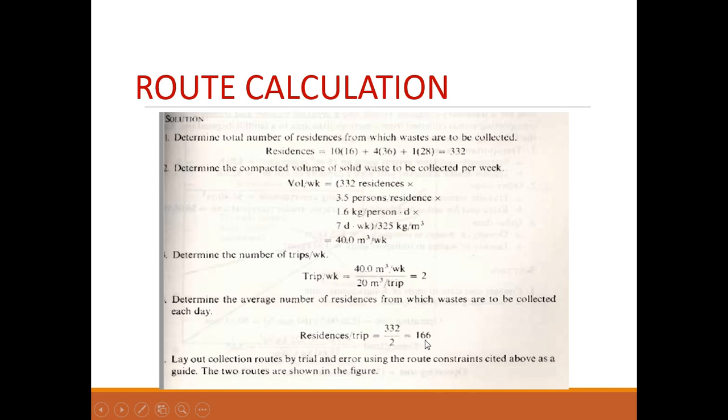And that will be 166. And of course, the last point here gives us a note that the layout of the collection routes would have been determined by trial and error, utilizing the route constraints that we mentioned. We have 2 routes that have been determined, which we saw in the previous slide.